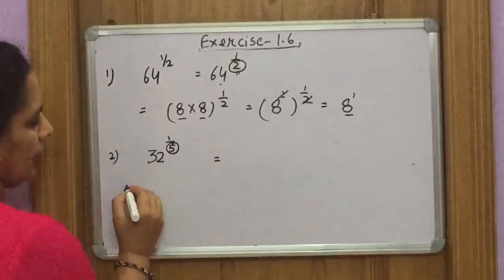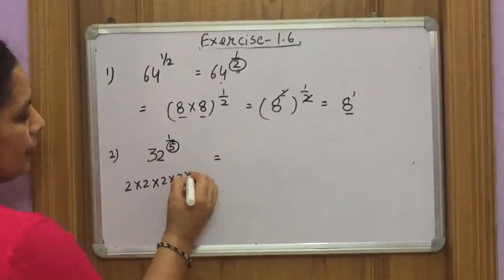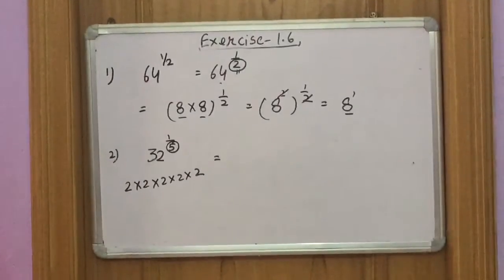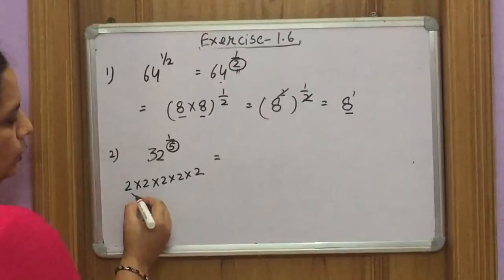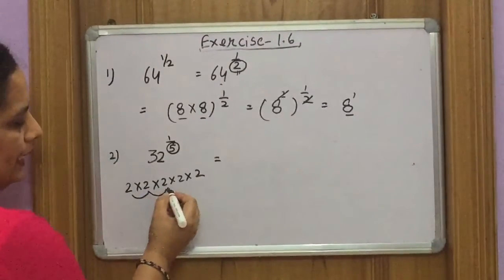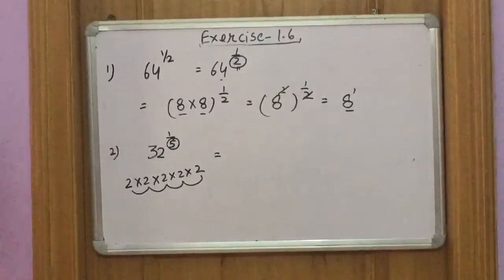For example, if we take 2, if we multiply 2 5 times, find out what will we get here. 2 twos are 4, 4 twos are 8, 8 twos are 16, and 16 twos are 32.